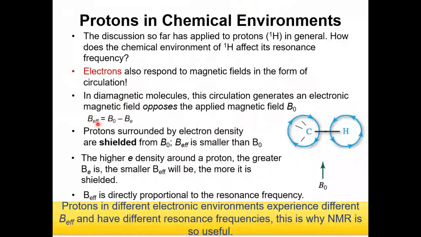We write this equation: the effective field experienced by the nucleus is the original external field minus the field formed by circulation of electrons, and this makes the field a bit weaker. We say the electrons are shielding the protons from the external field.